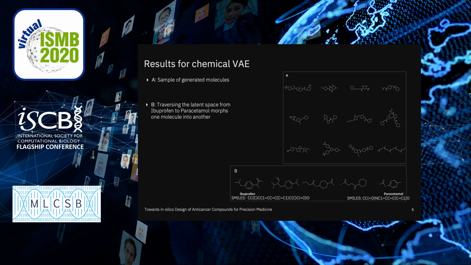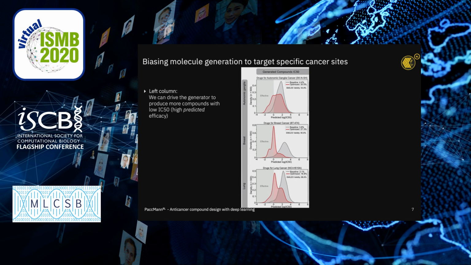So now let's have a look into the real results. Here we pick exemplary 3 cancer sites: lung cancer, breast cancer, and autonomic ganglia. And we have 2 distributions shown here. These are IC50 distributions of compounds. So more to the left means lower IC50, so more effective.